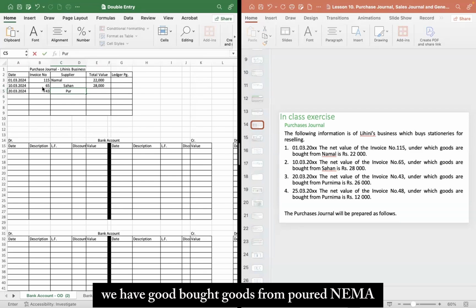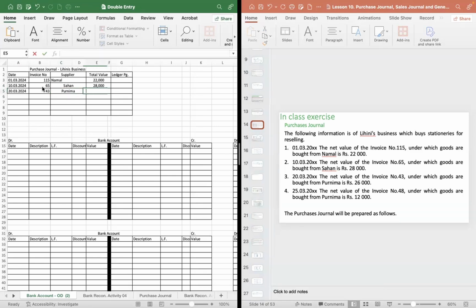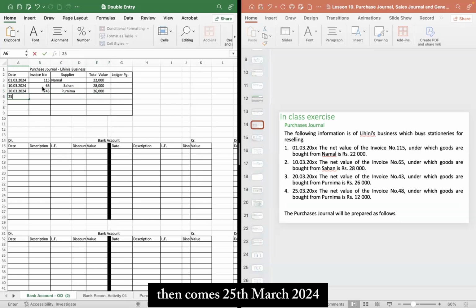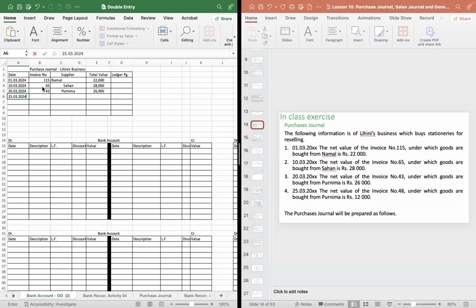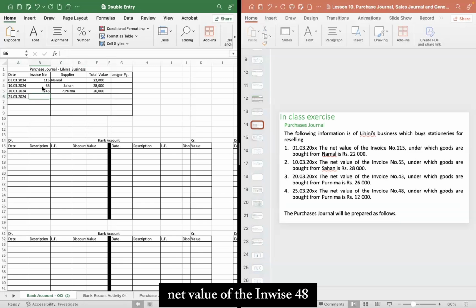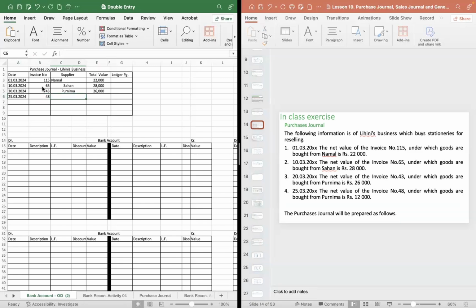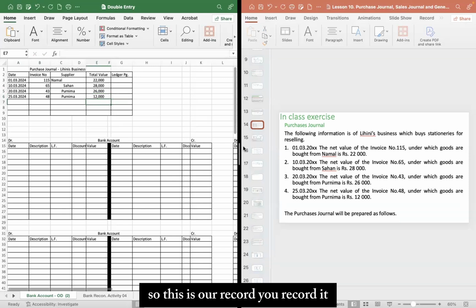So you have bought goods from Purnima, and the value is 26,000. Then comes 25th March 2024, net value of invoice 48. That's also from Purnima, bought again. It's 12,000. So this is how you record it.